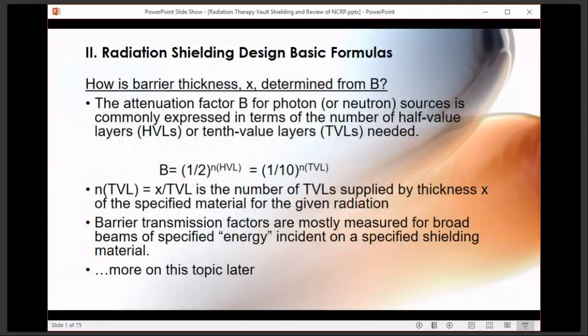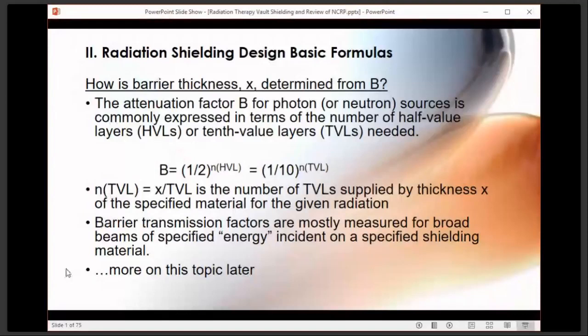The attenuation factor B, or the transmission factor, for photon and neutron sources is usually expressed in terms of the number of half-value layers or tenth-value layers, TVLs, that are needed. This here expresses that in terms of the number of half-value layers, or 1/10 times the number of tenth-value layers.